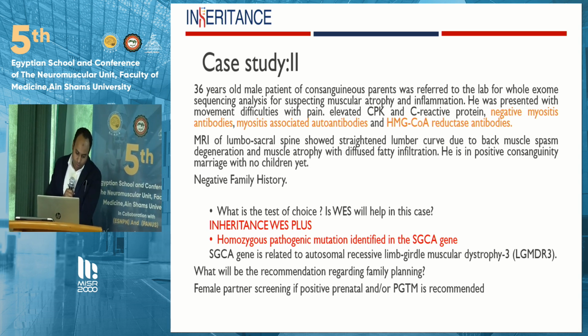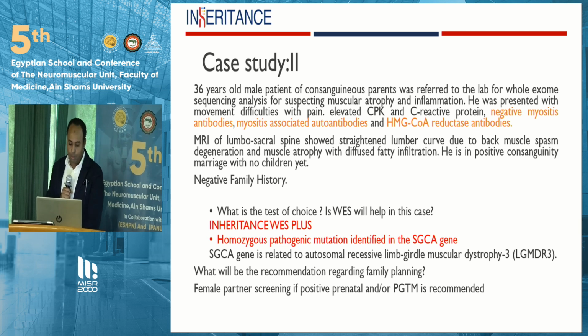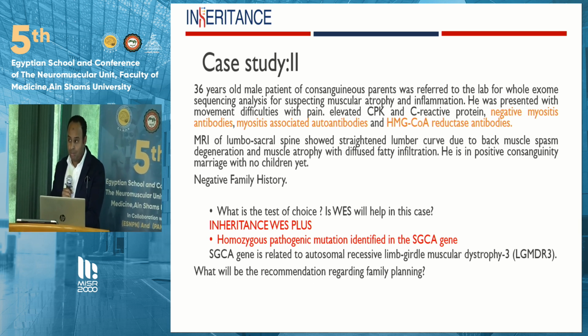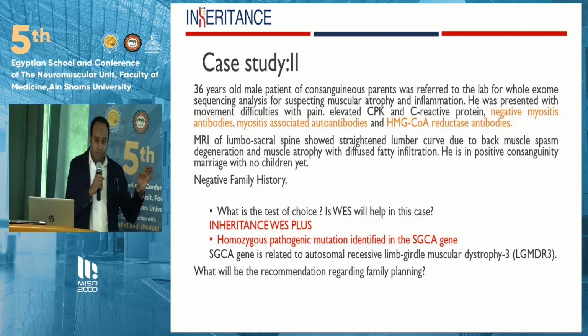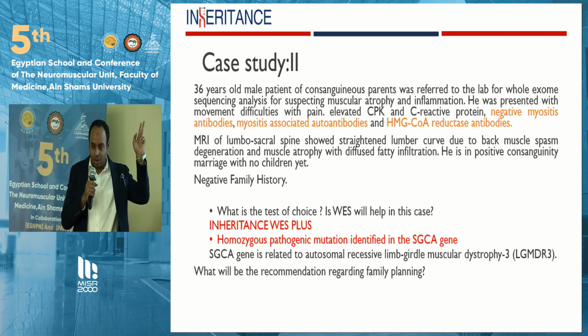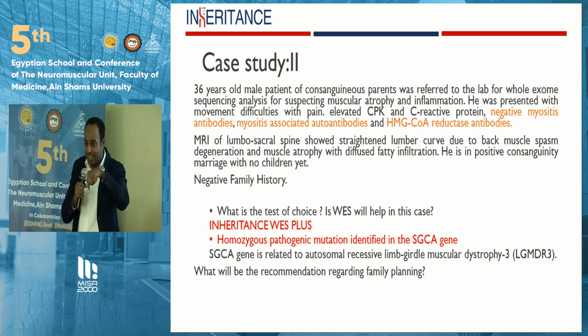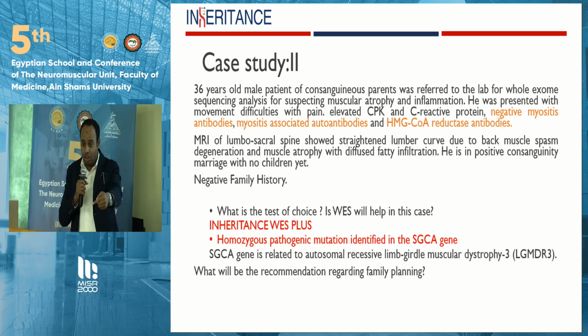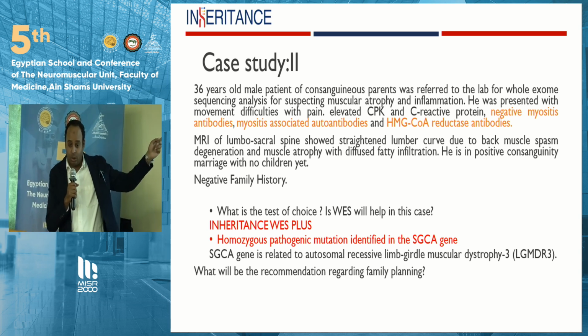Our recommendation was for family partner screening. If it is positive, we go with PGT-M. So for the positive consanguinity, the patient's parents were consanguineous, and he has an autosomal recessive disorder.